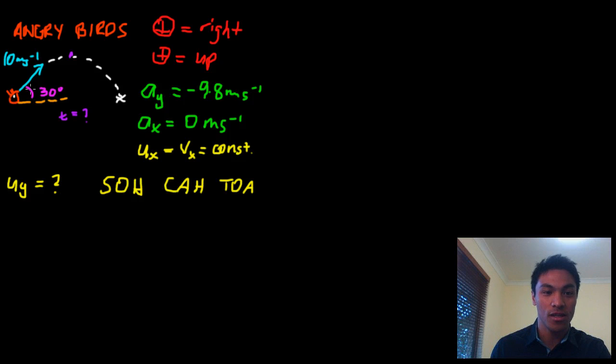Very good. So in this particular instance, our resultant vector is 10 meters per second. We want to find out our horizontal component eventually, and right now we're going to solve for our vertical component.